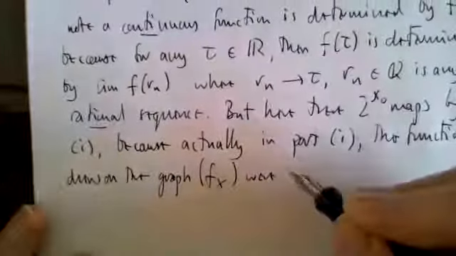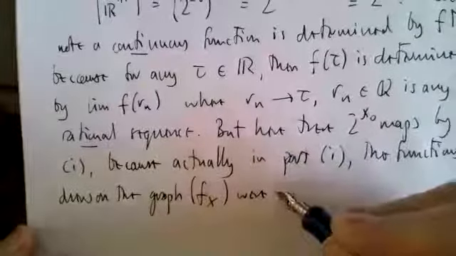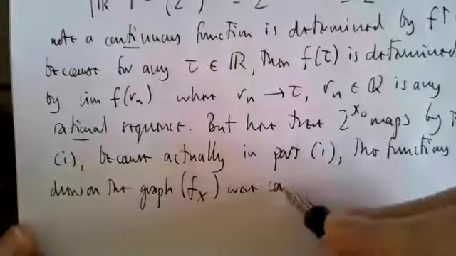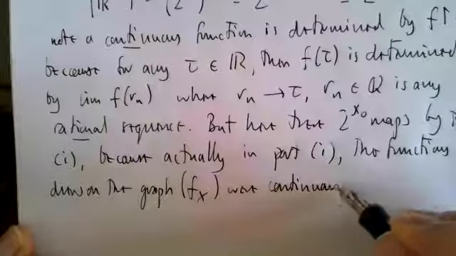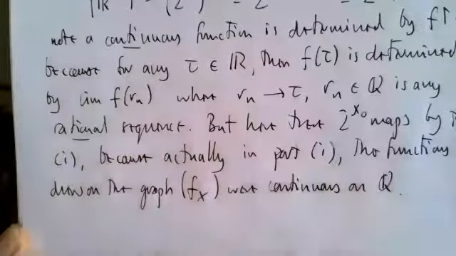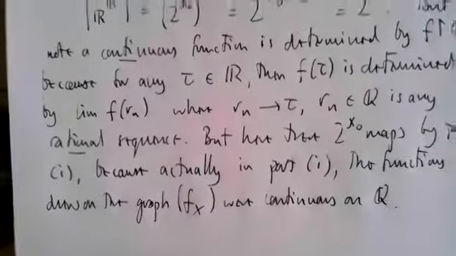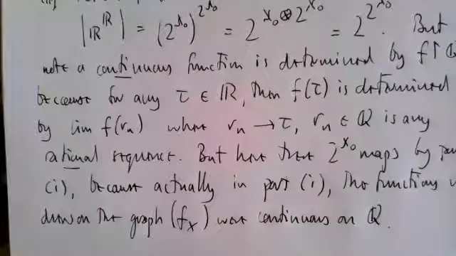So I deliberately drew these as rational continuous functions so I could apply them in this part. So the answer is the same as the previous part, 2 to the Aleph 0.